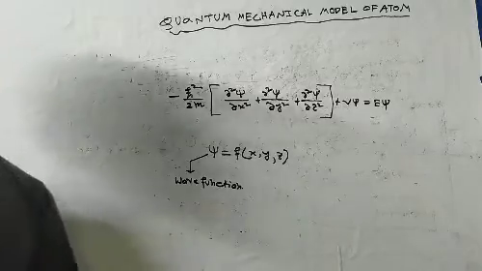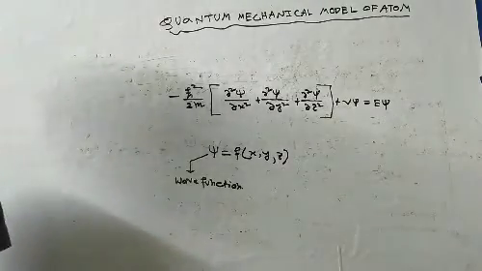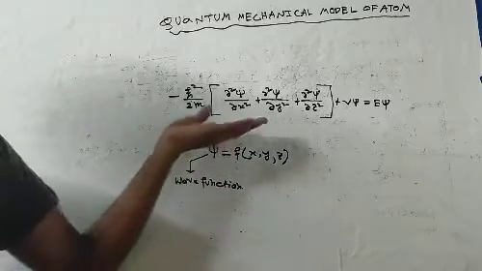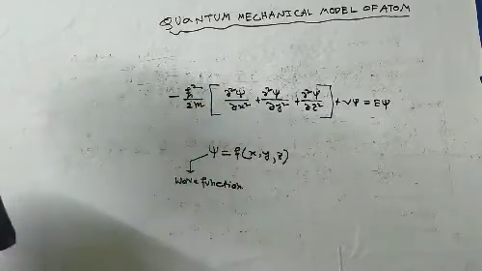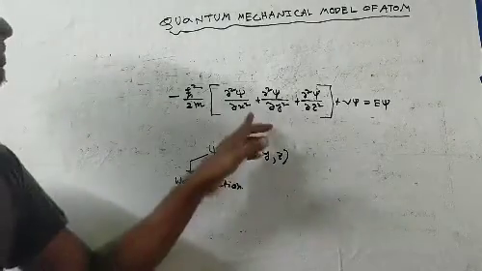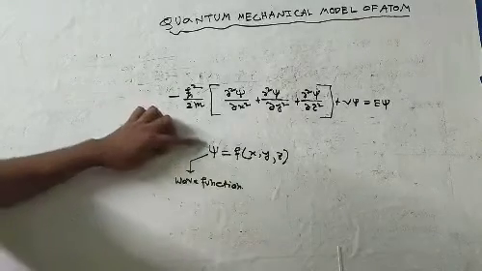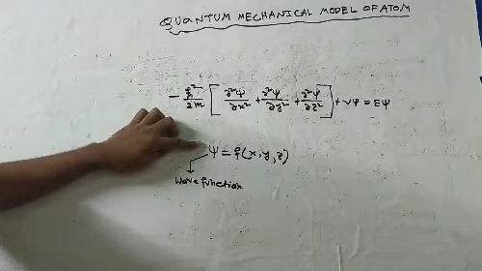Why is this called the wave function? Because when Schrodinger derived this equation, he considered the wave character of the electron. So that's why the solution of this equation is called the wave function.